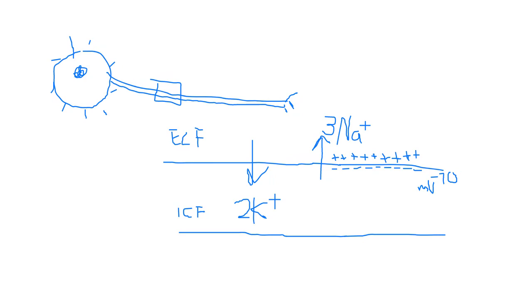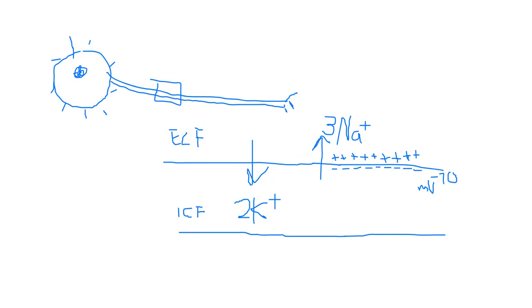Now, because of this voltage, this cell is excitable, so it's able to produce graded potentials and then action potentials. A good thing to know on this drawing is, if you're asked the difference between intracellular fluid and extracellular fluid, the big thing is that intracellular fluid is more negative and contains more potassium and less sodium. There's still sodium in there, it's getting pumped out, but more potassium is moving in.